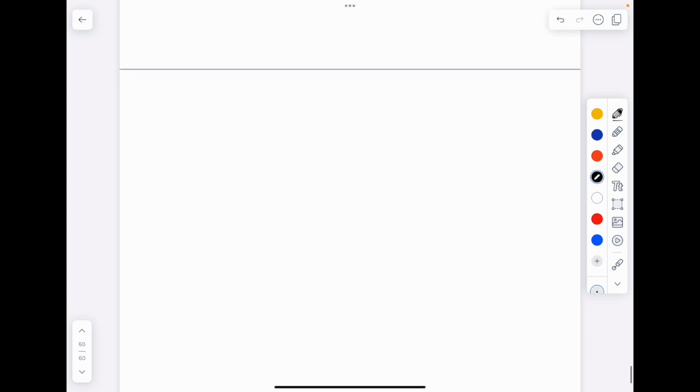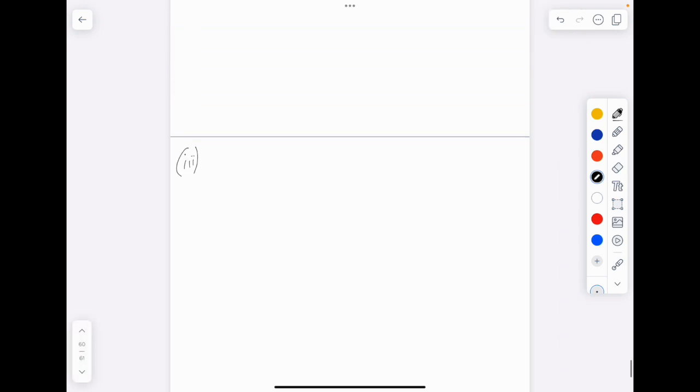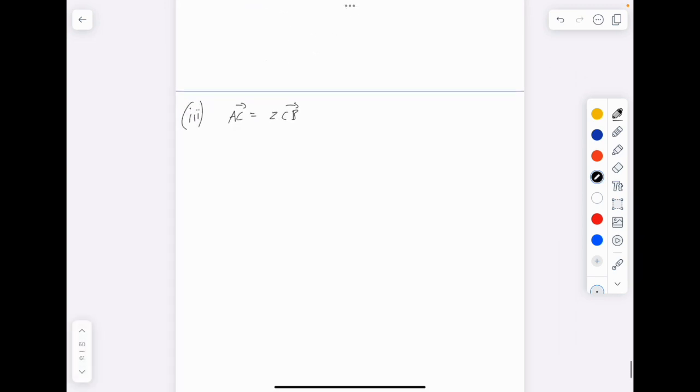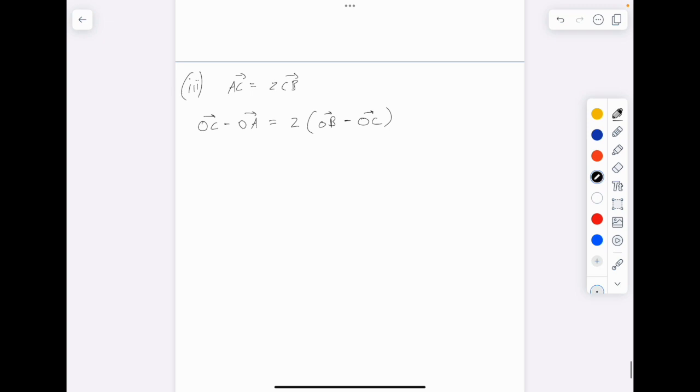Right, so AC is equal to 2CB, right? So what is AC? Well, AC is OC minus OA, okay? And what's CB? OB minus OC, okay? Cool.